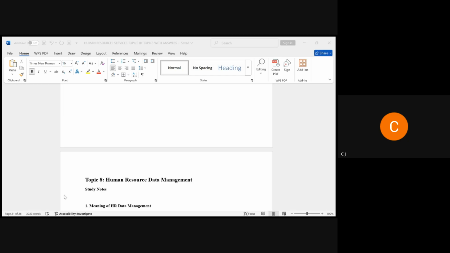Halafu tutapitia sasa revisions za 2009.